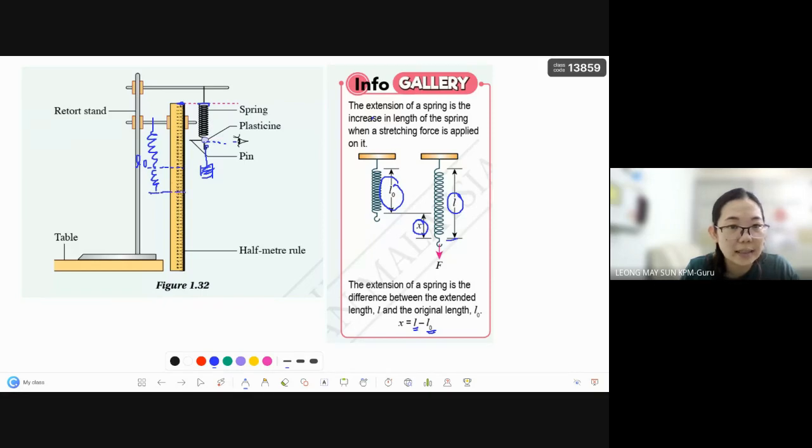So you just take this new length minus L naught, and this will be our extension value. We don't always have to put the zero of the meter ruler at the end of the spring. We can just let it be sideways like this. I hope that should be all right.